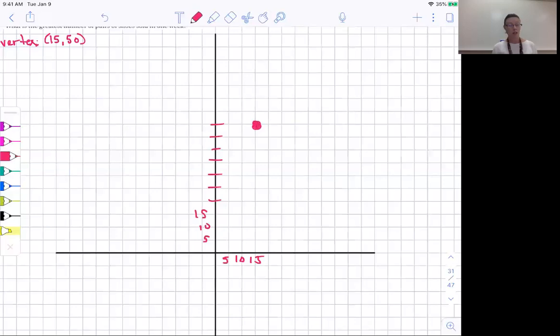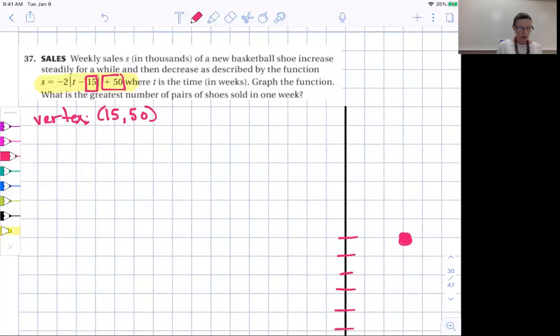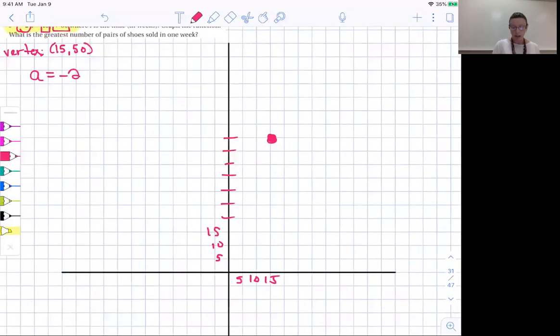That's the vertex. And then the number in front is -2. So I'm going to graph that slope on the right side. On the left side is the positive value. So I should have the same slope on the left and the right, the same value, but one should be increasing, the other one decreasing.